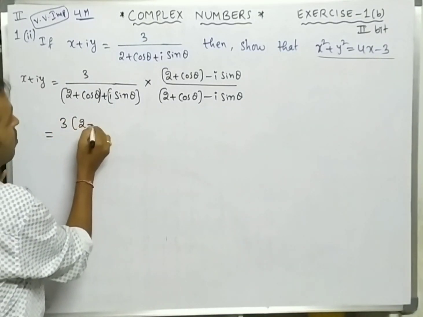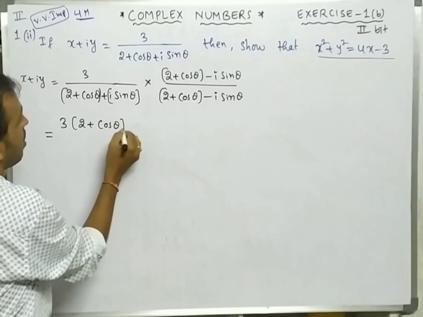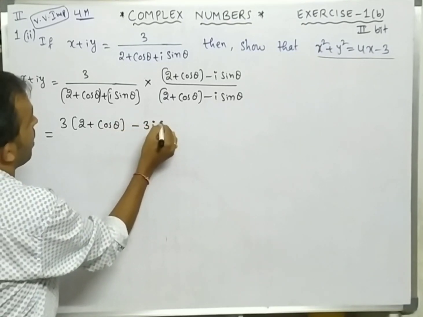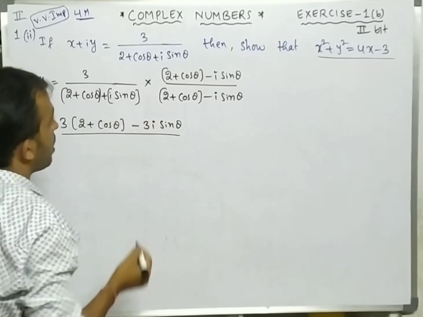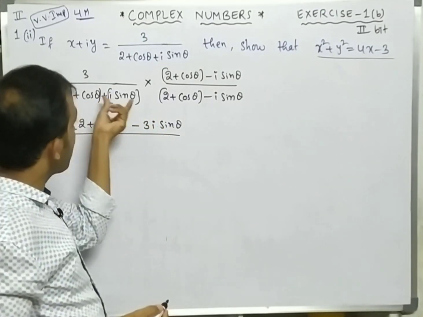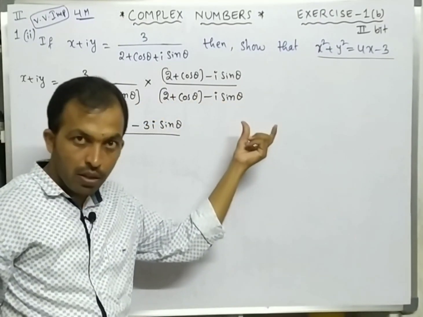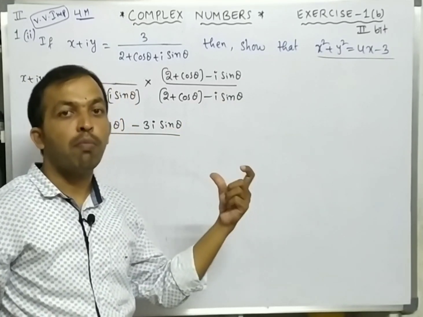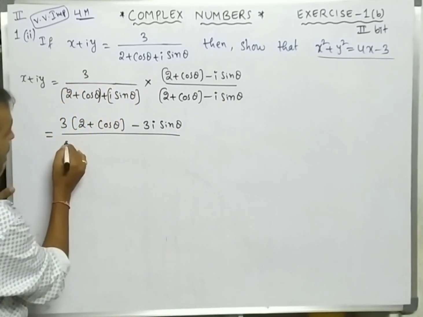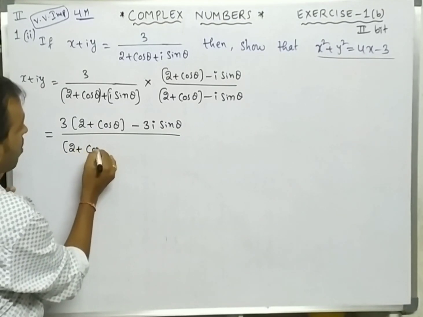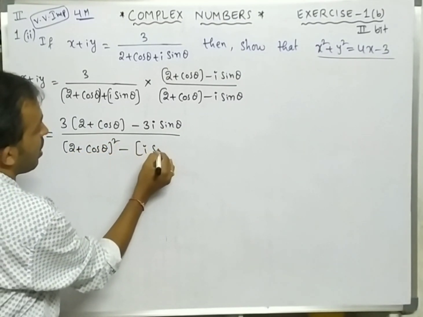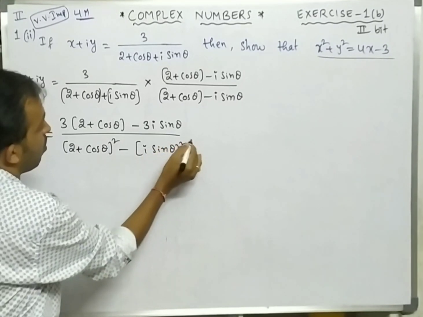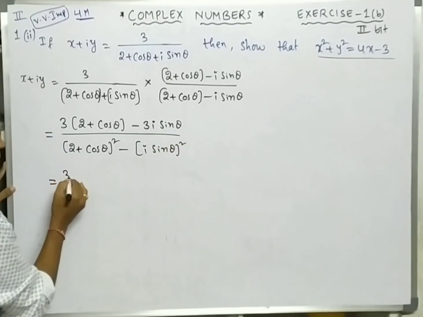3 into (2 plus cos theta) minus 3i sin theta, by, in the denominator, it is of the form (a plus b) into (a minus b), that means a square minus b square. What is a square here? (2 plus cos theta) whole square minus b square, in the sense (i sin theta) whole square.